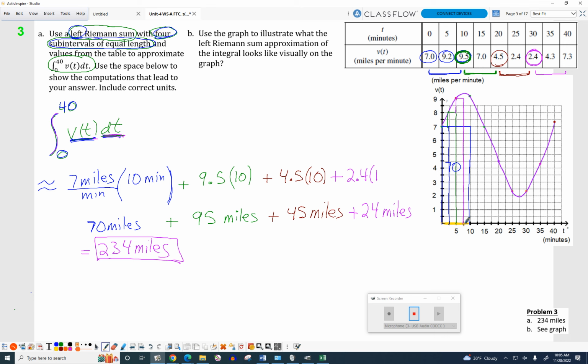If we could check the velocity at every single moment in time, we would get a whole bunch of rectangles whose areas all added together would end up looking something like this. We'd get a bunch of rectangles that were very narrow.